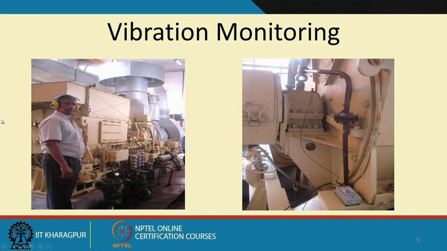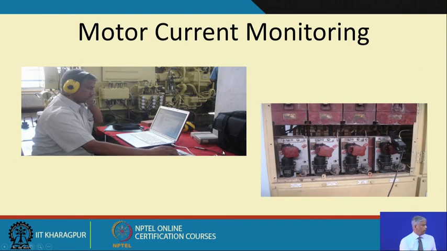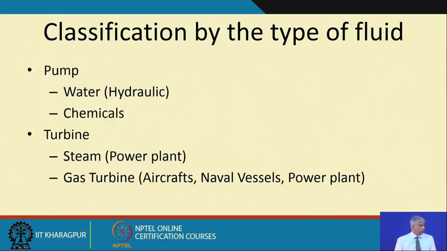So, this is a case on the same gas turbine, where we are monitoring the motor current, perhaps in the next slide you will see, and we are also measuring the vibration with a uniaxial vibration transducer. And the same thing could be measured by a motor current. This is for some Indian Navy applications we are doing. So, again when you go about pumps, there will be water hydraulic pumps, a lot of chemical process plants, and then turbines and steam power plants, gas turbines and aircrafts, naval vessels, power plants.